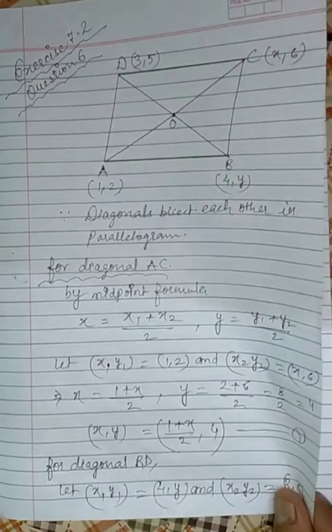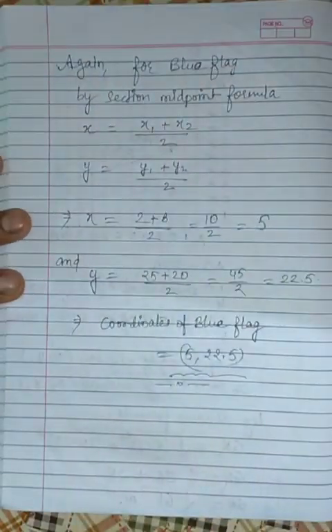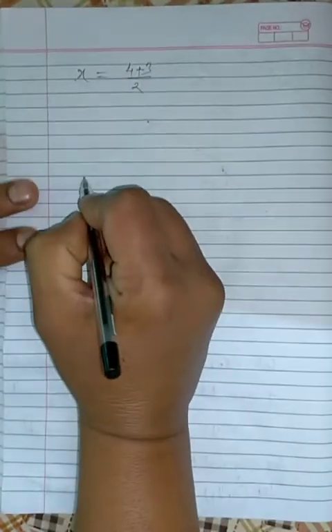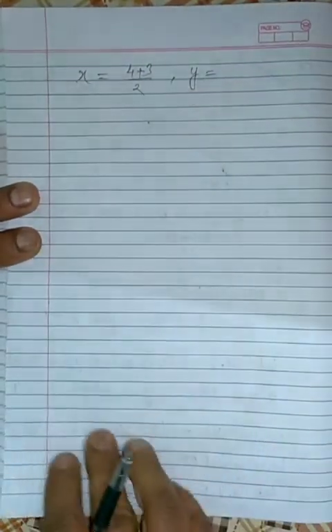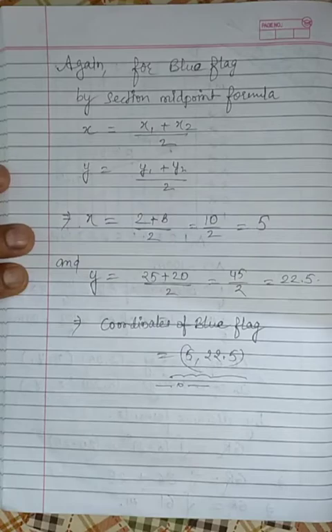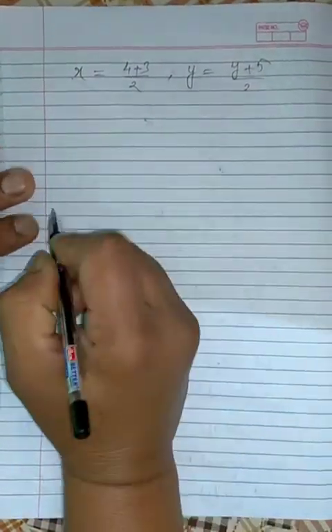So for diagonal BD, coordinates of O, x is equal to (x1 plus x2) upon 2, that is (4 plus 3) upon 2, and y is equal to (y1 plus y2) upon 2, that is (y plus 5) upon 2.